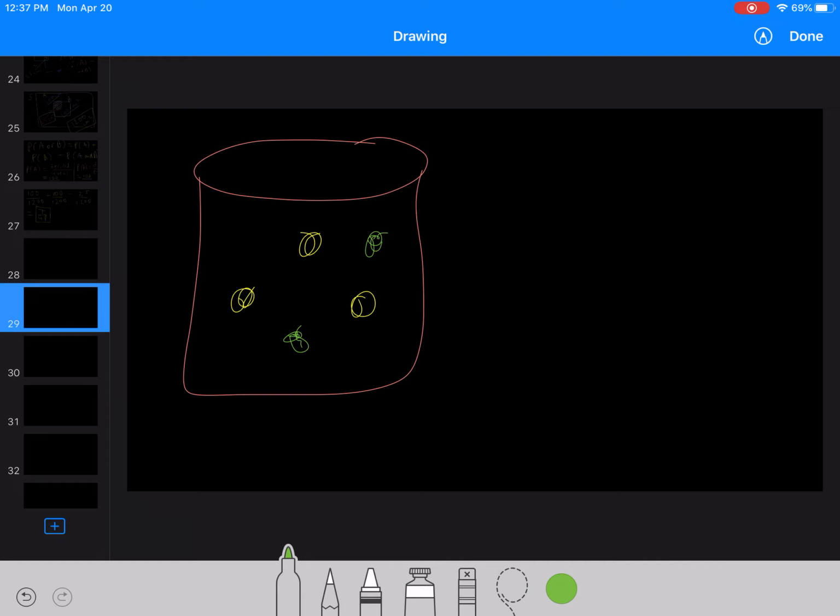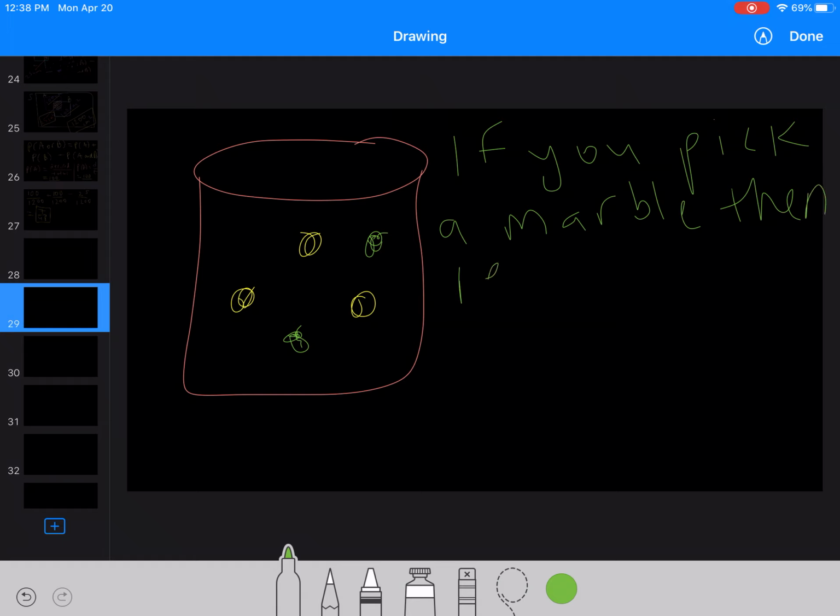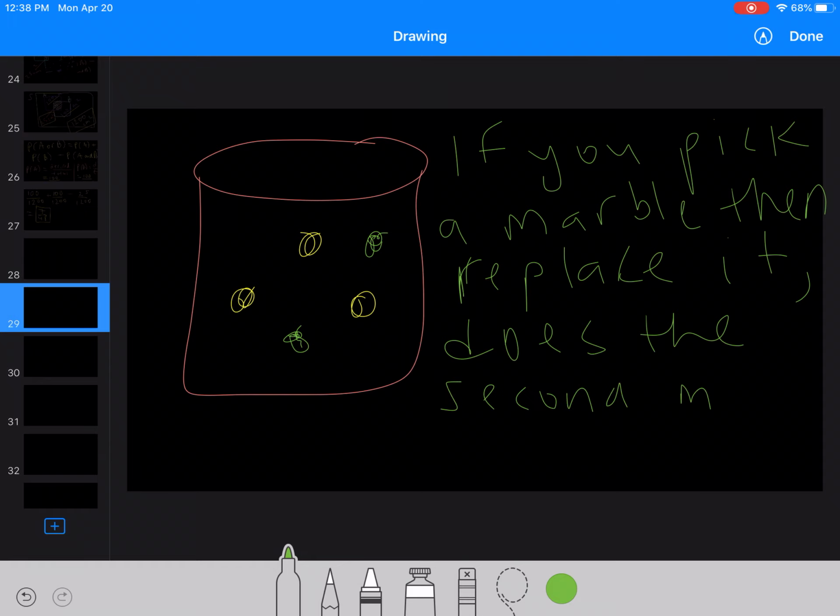Okay, the question is, if you pick a marble, then replace it, does the second marble pick depend on the first?